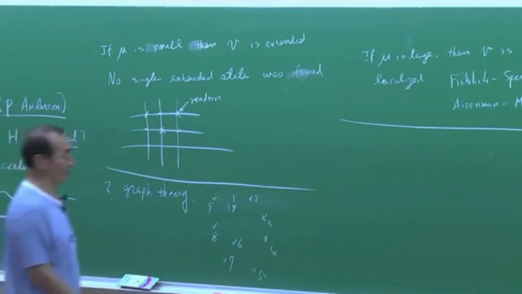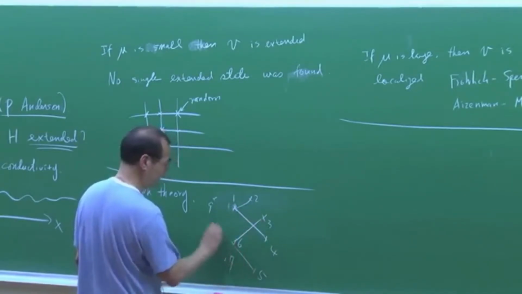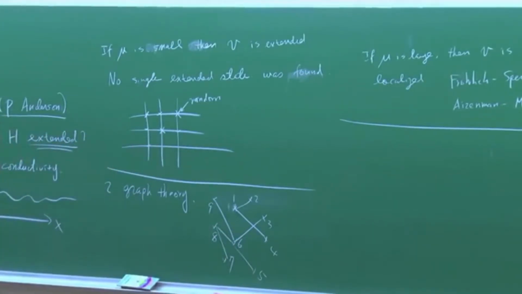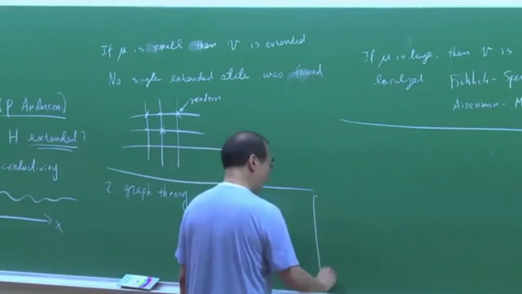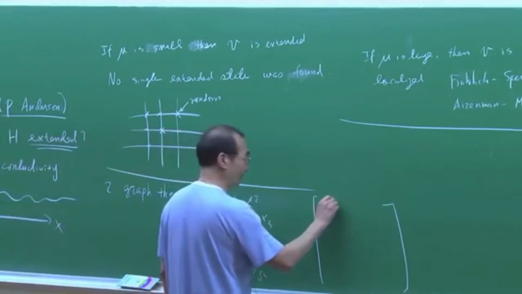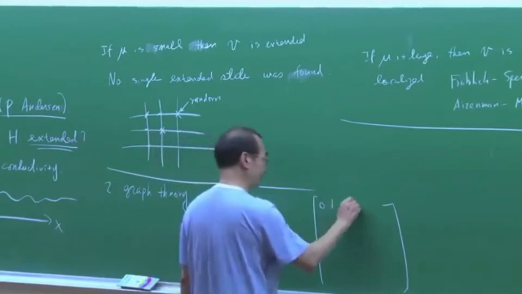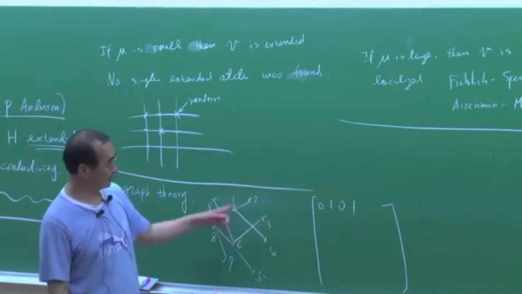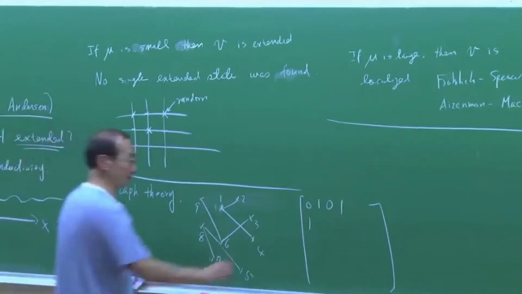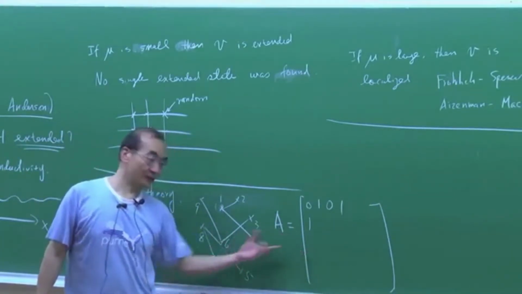It doesn't matter which one. Then you can construct a matrix. For 1 and 2, you put a 1 here. Then 1 and 4. But you want to make it symmetric, so 1 and 2 and 2 and 1. This is the adjacency matrix. So a graph and its matrix are in one-to-one correspondence.